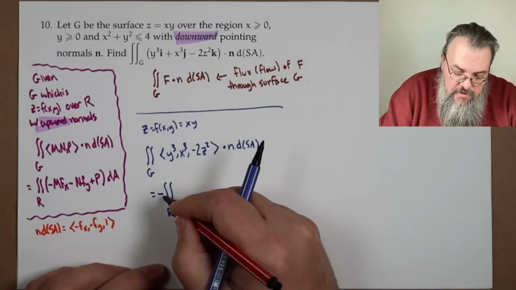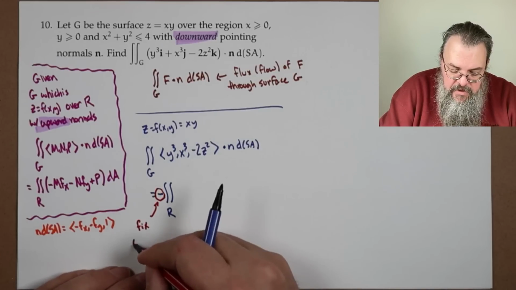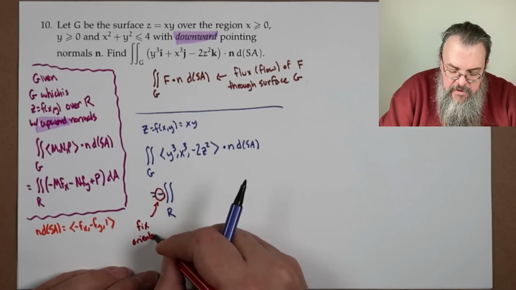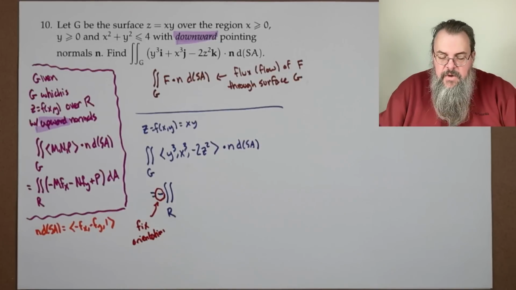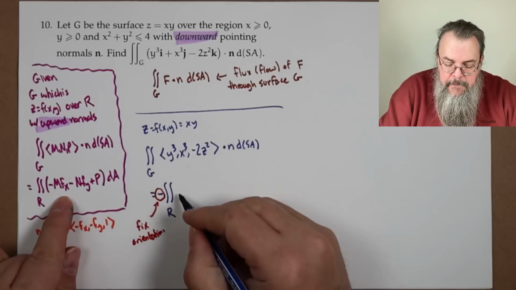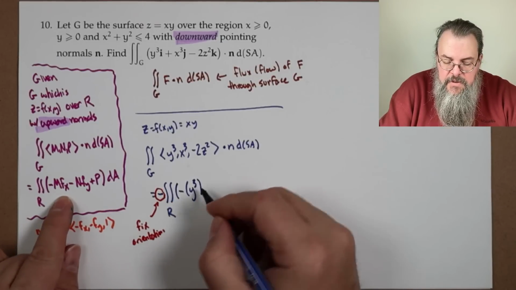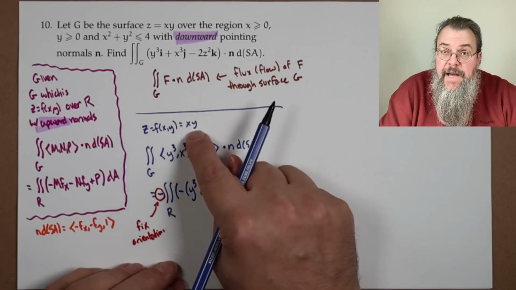This is to fix the orientation. And so minus, then we're going to take our M, y cubed, times f_x.